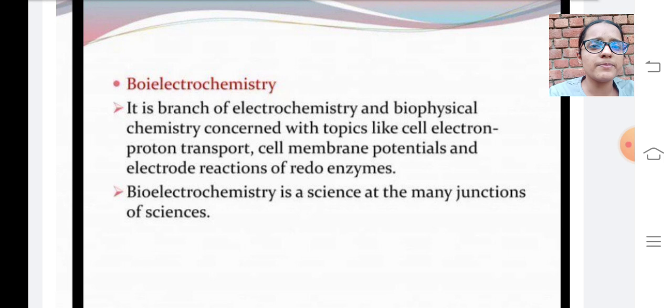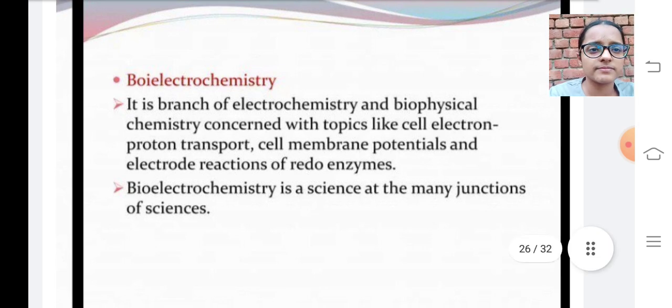Bioelectrochemistry. It is a branch of electrochemistry and biophysical chemistry concerned with topics like cell electron-proton transport, cell membrane potentials, and electrode reactions of redox enzymes. Bioelectrochemistry is a science at the many junctions of sciences.